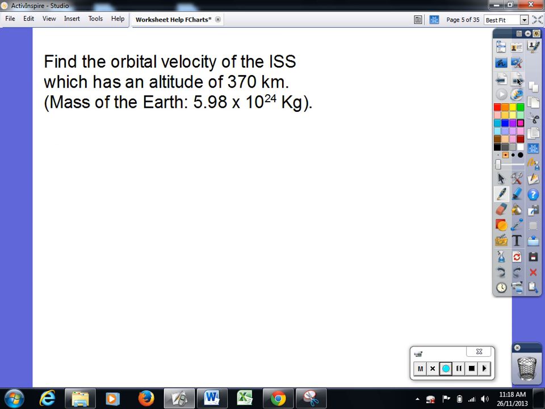The next question, question number 5, is simply testing whether or not we understand that an altitude is an addition to the radius. We are also wanting to find the orbital velocity. So finding the orbital velocity, we're going to use the formula for orbital velocity, which is v orbit is the square root of GM on r.